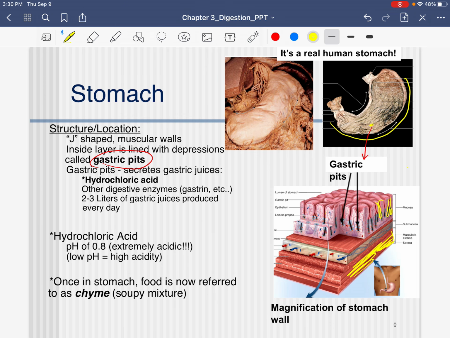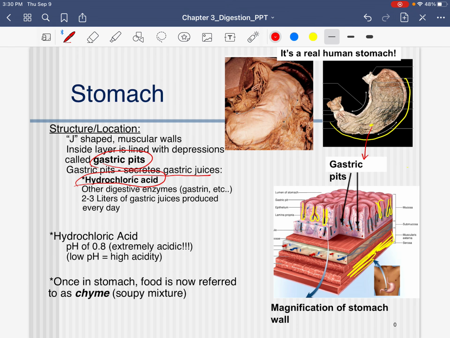And these are really important because this gives us more surface area. So all the little itty bitty cells that line these pits can produce things for us. They secrete gastric juices.